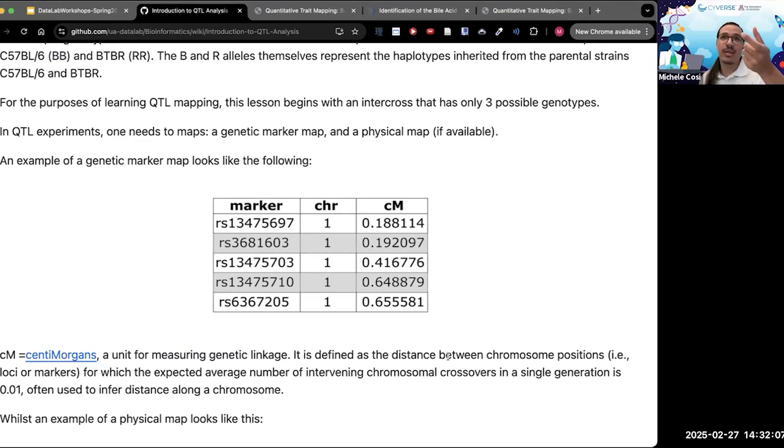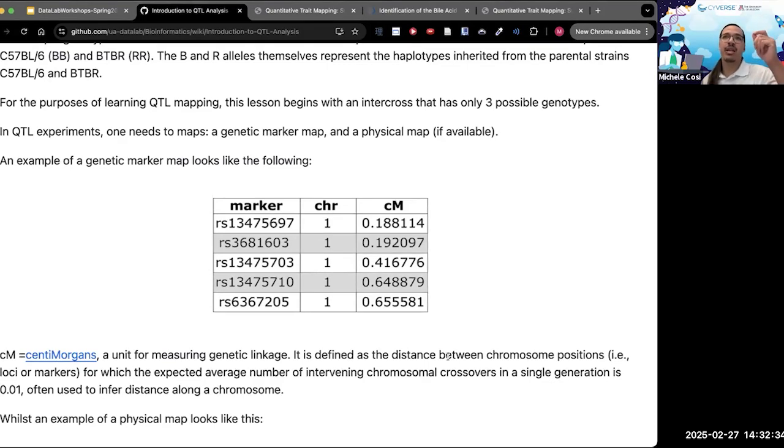Essentially, a centimorgan reflects the distance between a marker and a potential location of a gene of interest. It's not always easy for everybody to understand what a centimorgan is.